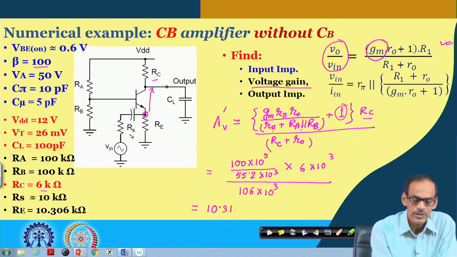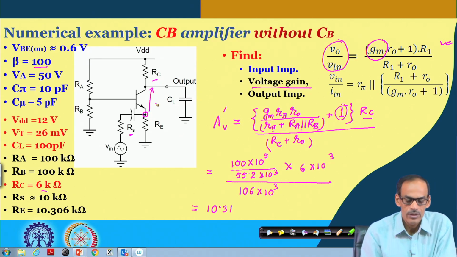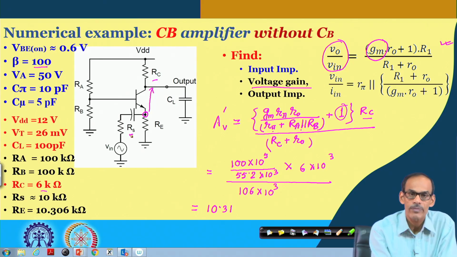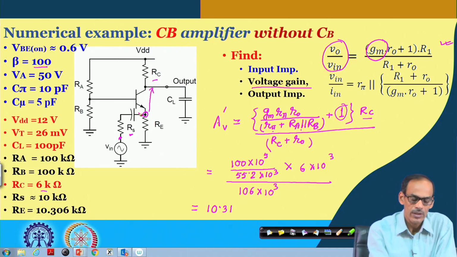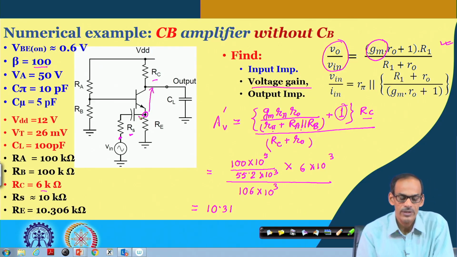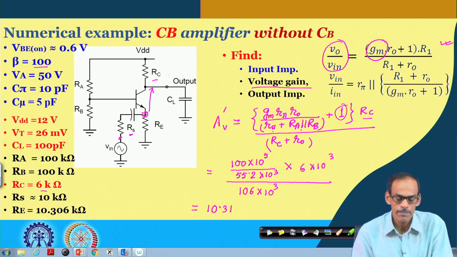Now, of course, this voltage gain is from this point to this point. So, without considering R s, that is the gain, and of course, if you consider the effect of R s from here to here, we have to consider attenuation, but also you have to keep in mind that the attenuation factor will be getting changed because the input resistance is not just 1 by G m.